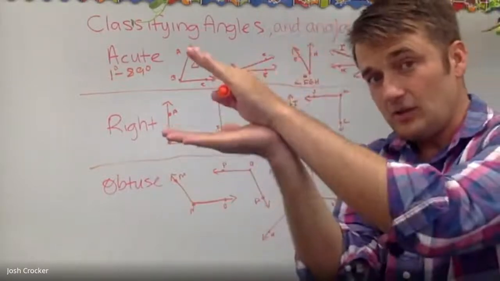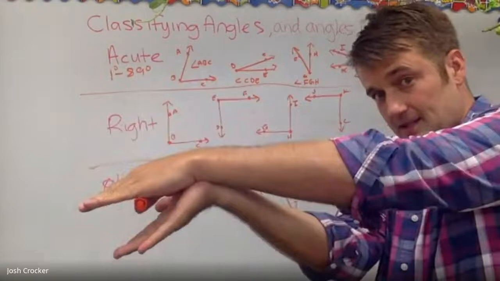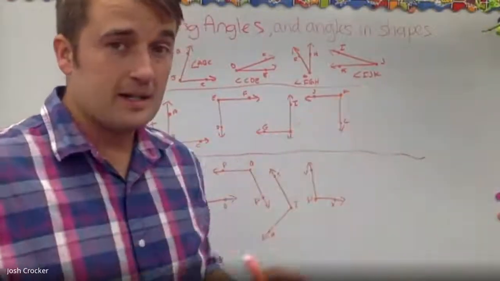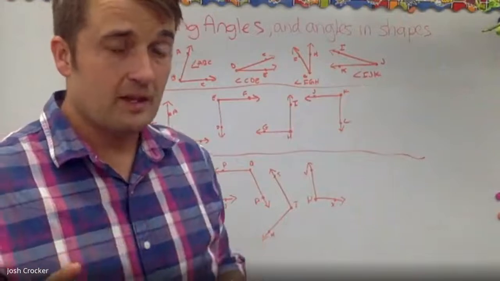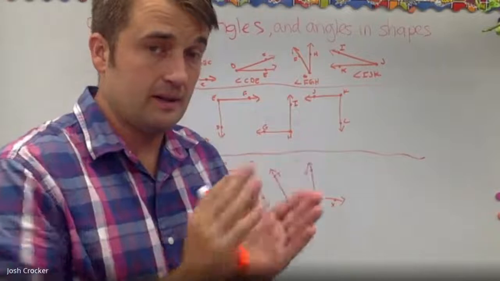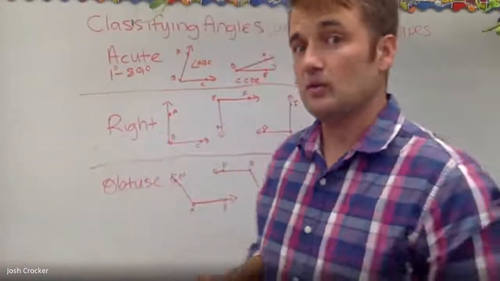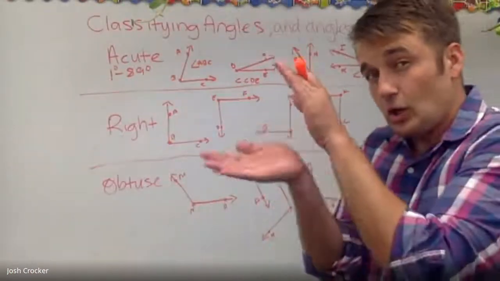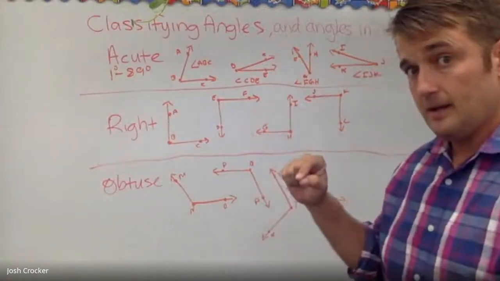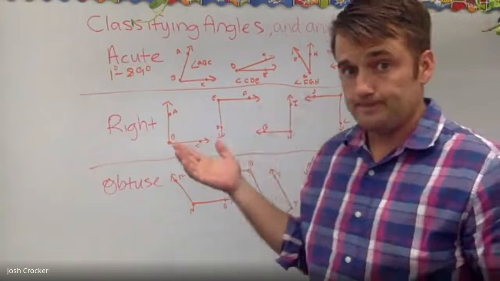If this is an acute angle, then this is also acute, and this is acute, and this is acute. We're not talking about which way it's facing. We're talking about how wide open it is. So the angles that are almost closed, that are not open very wide, those are acute.